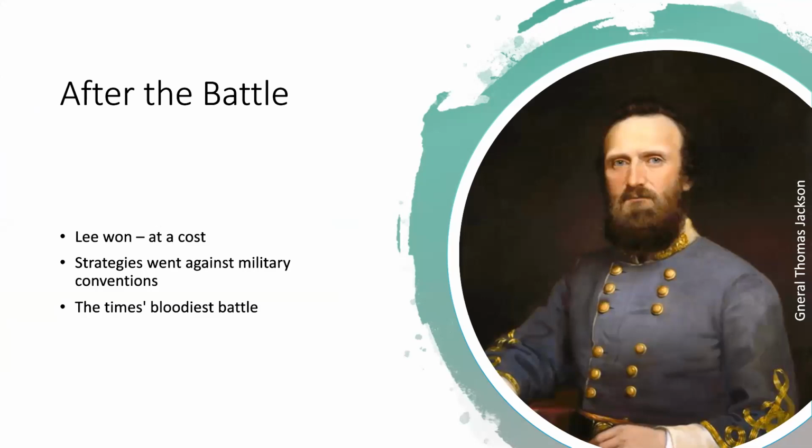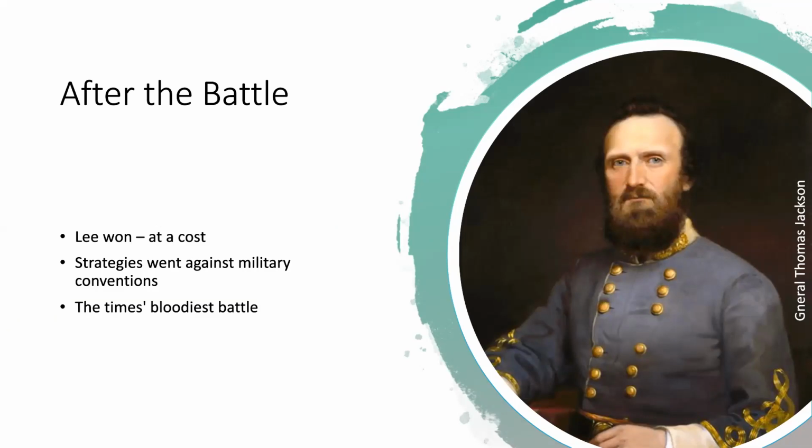Jackson was mortally wounded, and to live, they had to amputate his left arm. However, pneumonia set in, and he died 8 days after the battle. This was a crushing blow to the Confederate cause. But, fun fact, his left arm was buried by Beverly Tucker Lacey, which was Jackson's chaplain in Lexington, Virginia, while the rest of his body is buried somewhere else.